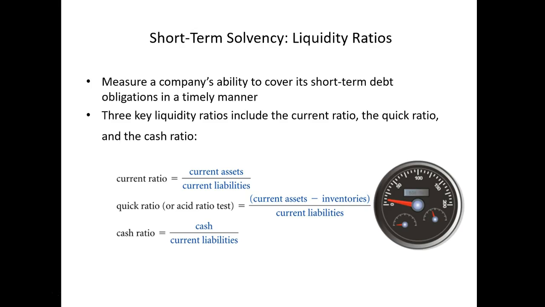Sometimes, depending on the business or the industry, they will also look at what's called the quick ratio, or the acid test ratio, where the consideration is that inventory on the balance sheet may not be worth a lot. For example, let's say you're looking at a retail department store, and they may have inventory like shelves of shoes, pocketbooks, and clothing.